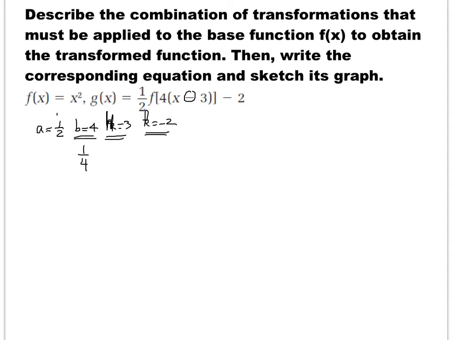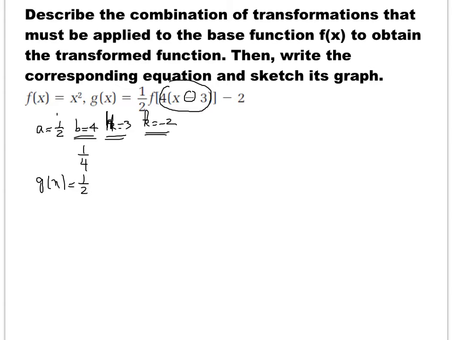Now, let's try to find the corresponding equation. We know that g of x is equal to half f of 4 times (x minus 3). So this means replace x in f of x by this expression.